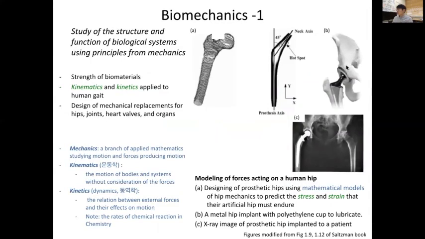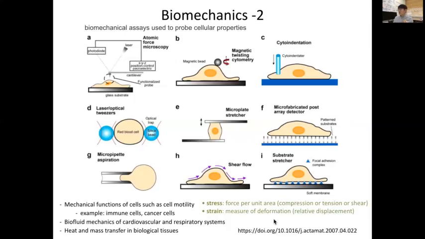I mentioned previously that to design something with a function that will last for years, we need to understand the basic stress and strain. Stress is defined as force per unit area. For example, in a compression mode or tensile mode, we can compute stress as force per unit area.